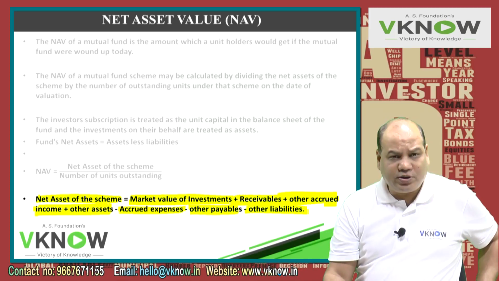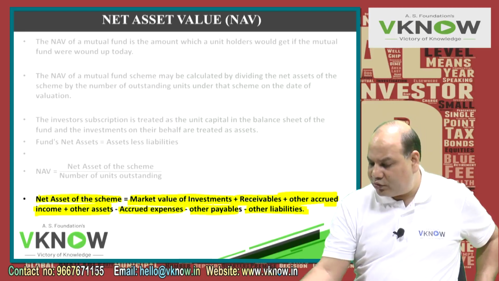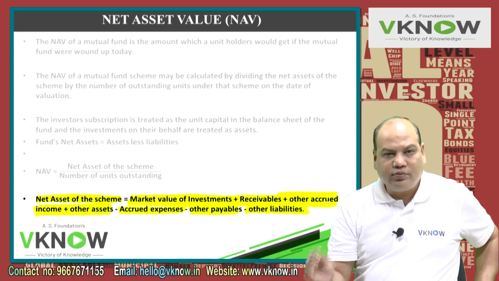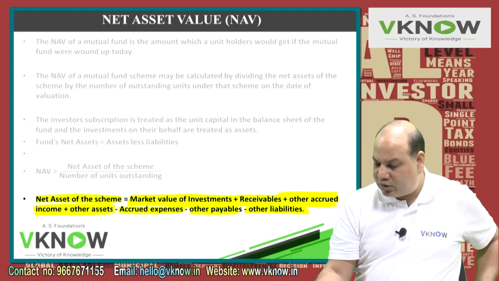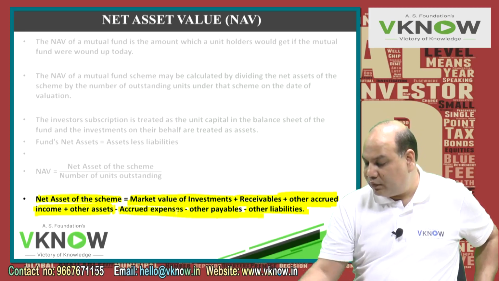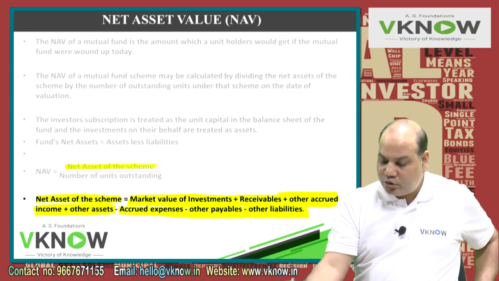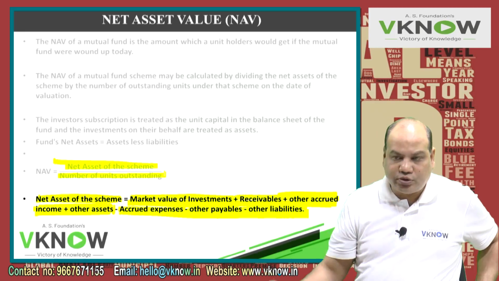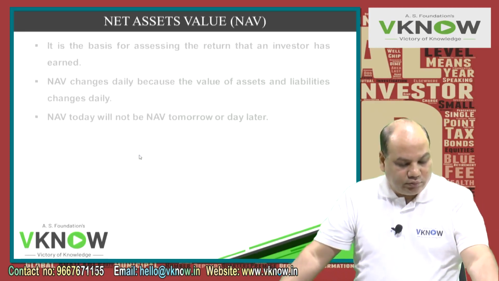So that they will specify in the question. First you find out the assets of the scheme, add them, wherever possible take market value, then identify the liabilities of the scheme, deduct the liabilities, you get net asset, divide by number of units outstanding, that will give you NAV. Okay.